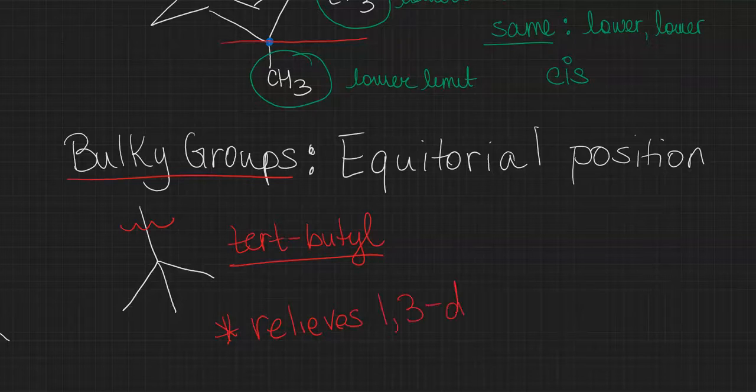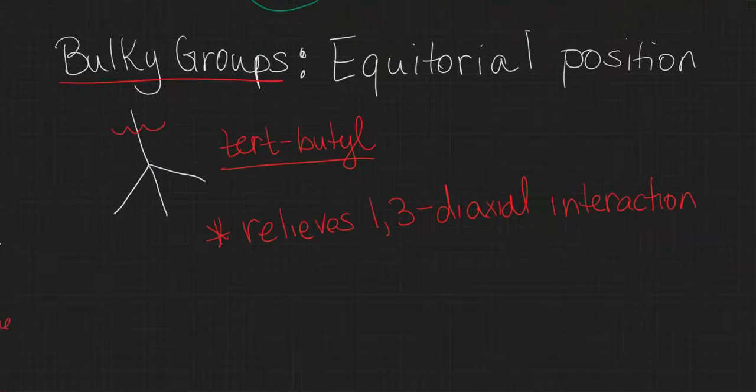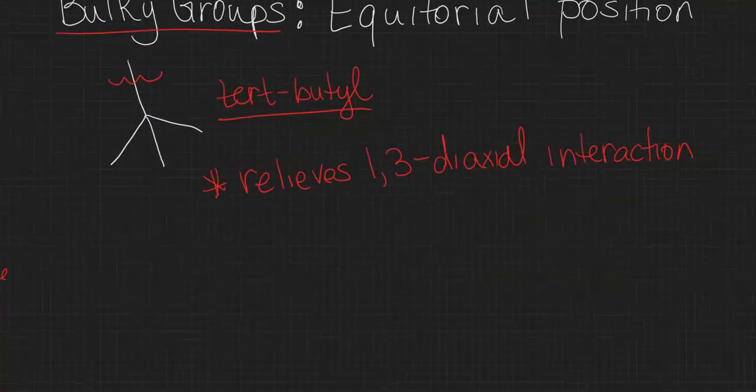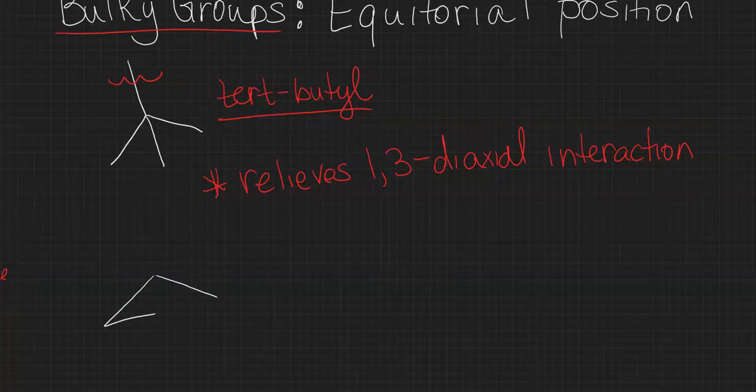1,3 diaxial interaction. So if the bulky group is in the equatorial position, you do not have to worry about a 1,3 diaxial interaction. So we're going to draw a chair conformation so that you all can see what is meant by that 1,3 diaxial interaction.